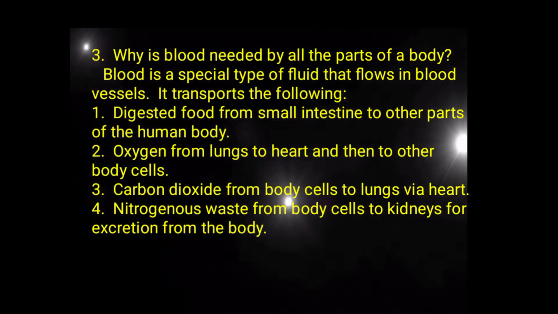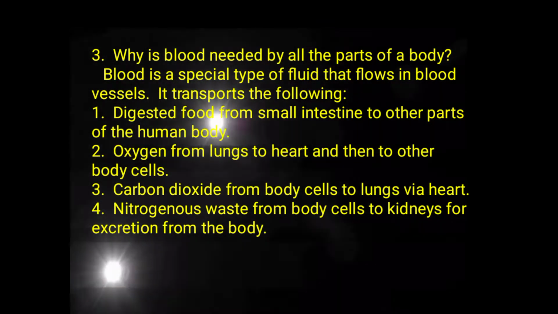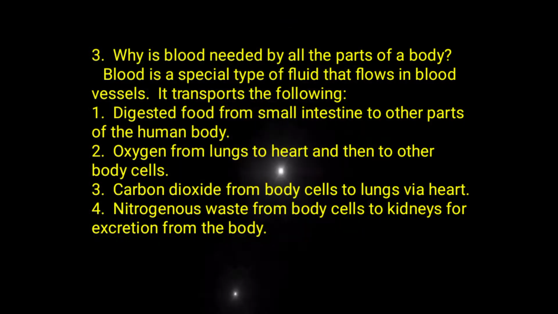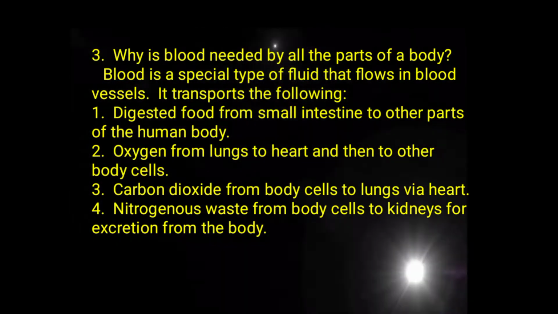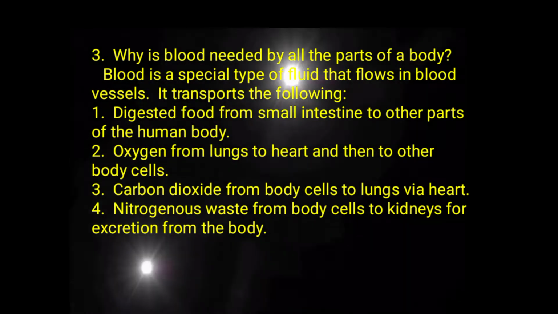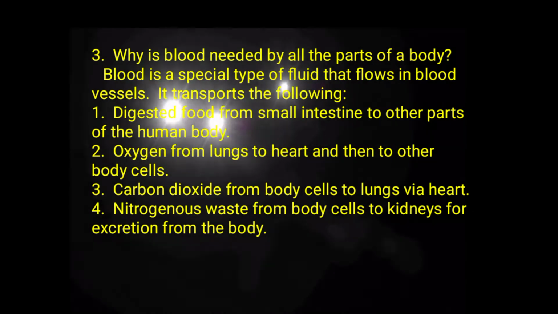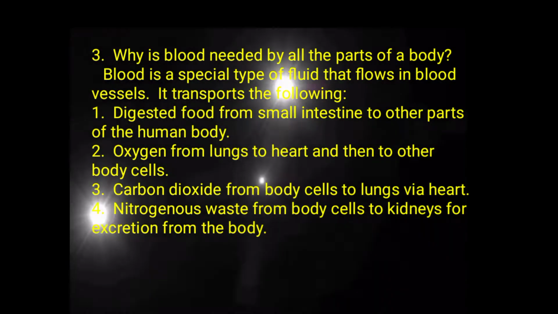Keep in mind the blood also carries oxygen, which we call oxygenated blood. So oxygenated blood is carried from the lungs to the body cells via the heart, that is from lung to heart, then from heart to the body cells.